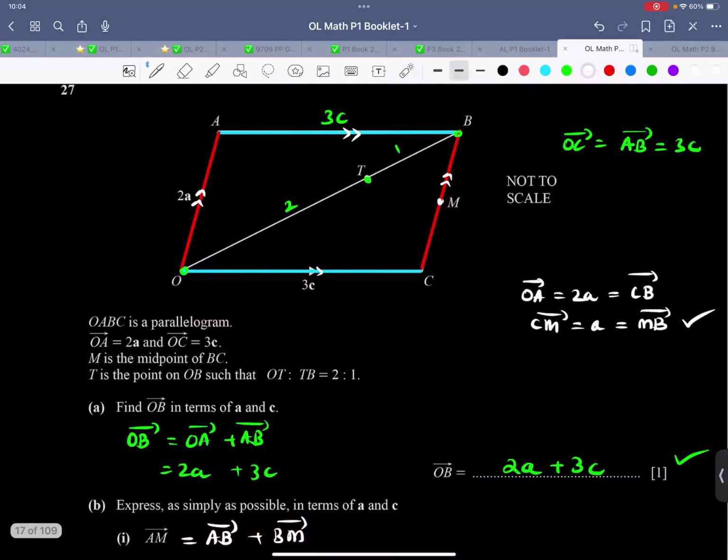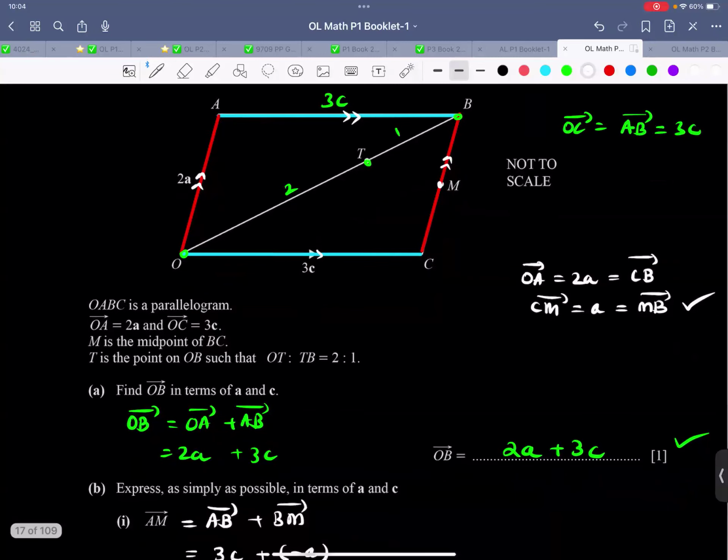AT. How can I find AT? I can find AT using the concept. First, find OT. So OA plus AT is equal to OT. OT is 2/3 of OB. 2 plus 1 is 3.